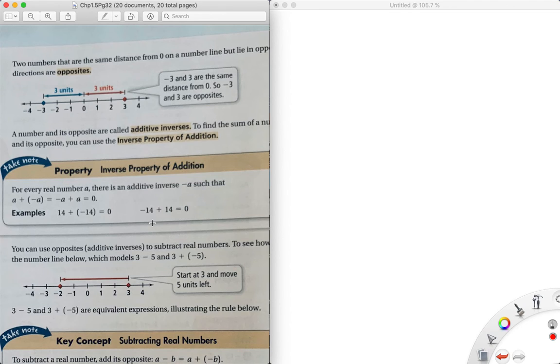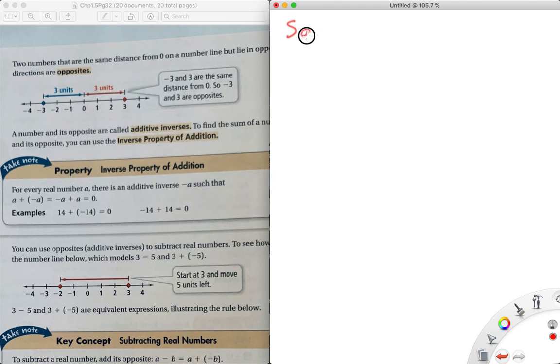Opposites, as it relates to positive and negative numbers, are numbers of the same quantity. So I'll say same number, different signs. Same number, different signs.